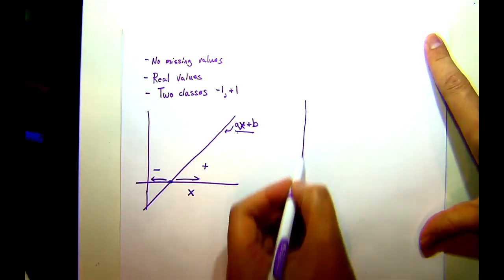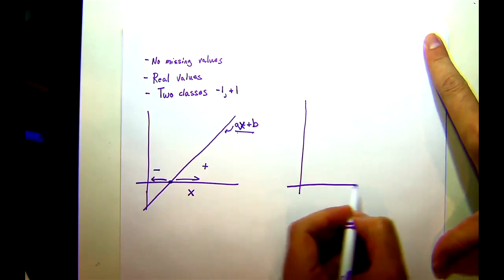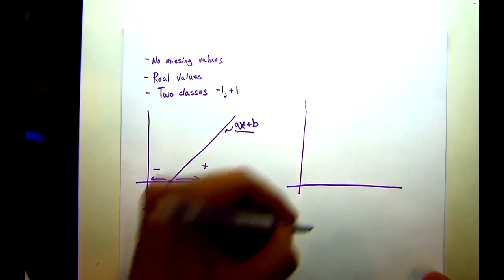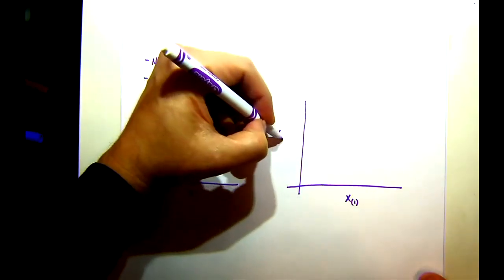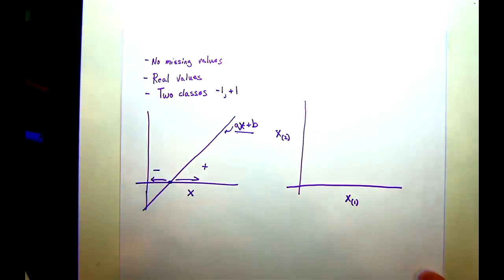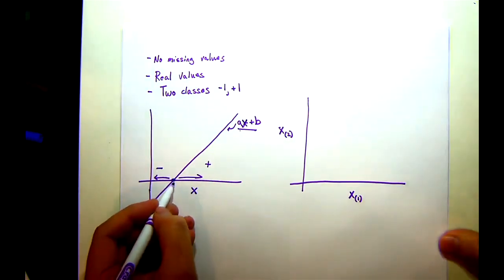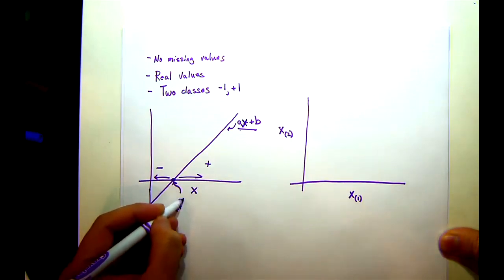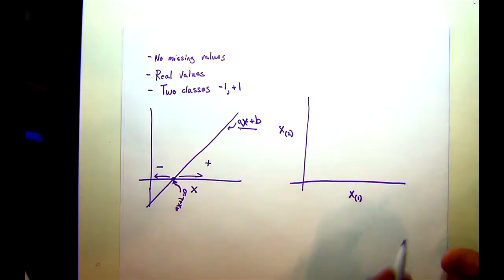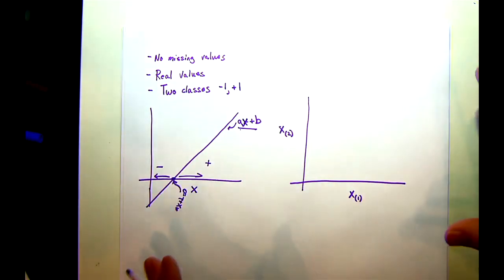Now let's look at it in 2 dimensions. This one's a little harder to visualize because you're going to have 2 components. So we'll call this x1 and x2. What we're interested in is, again, the spot where your decision point is, where ax plus b equals 0. In this 2-dimensional space, there's going to be a plane that slices through this at some angle.